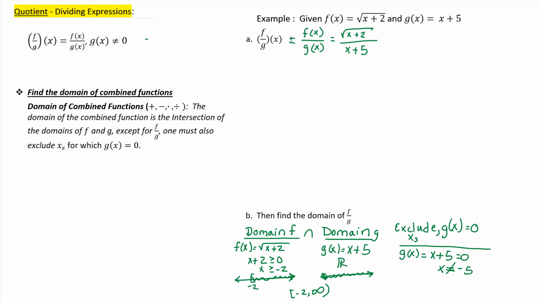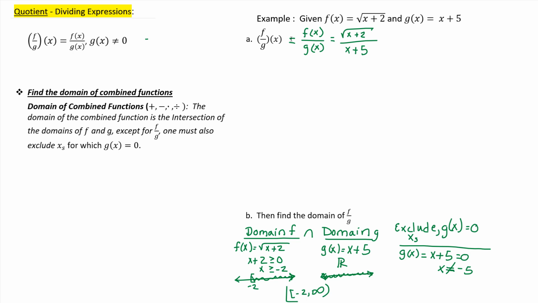But notice that negative 5 is not in that interval. It's already excluded, because this interval includes negative 2, negative 1, 0, 1, 2, and every number in between. I'm just saying the integers. Since negative 5 is not in that interval, we don't have to go out of our way to exclude it. But normally we would if it was falling in that interval.